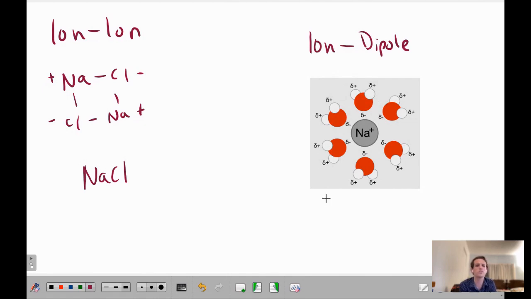And if you're not sure about why there's a partially negative charge on oxygen, go back and watch last week. We talked about polarity. So there's an uneven distribution of electrons, and that partially negative region right here is going to be experiencing attraction to the positive charge. And as these waters sneak in there and surround sodium, they break it up from chlorine. So these polar molecules can lead to things dissolving in the first place.